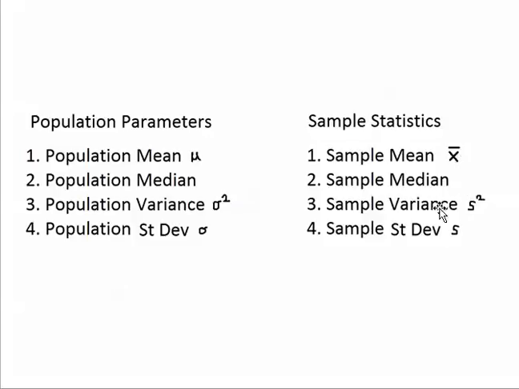The symbol for a sample variance is s squared, and the symbol for a sample standard deviation is just the letter s. So all of the symbols for population parameters are actually Greek letters, and all of the symbols for sample statistics are just regular letters, just common letters.